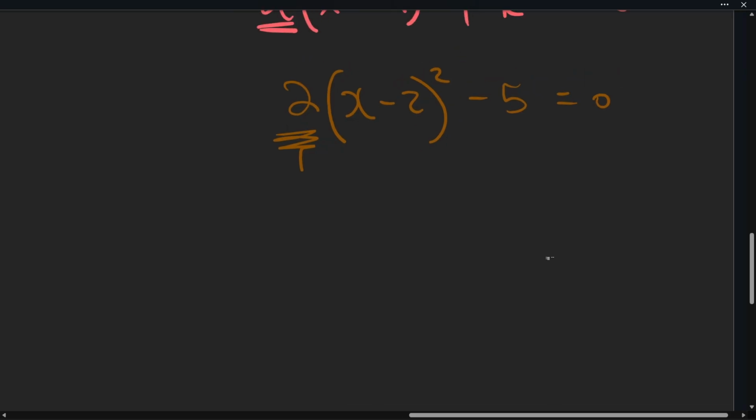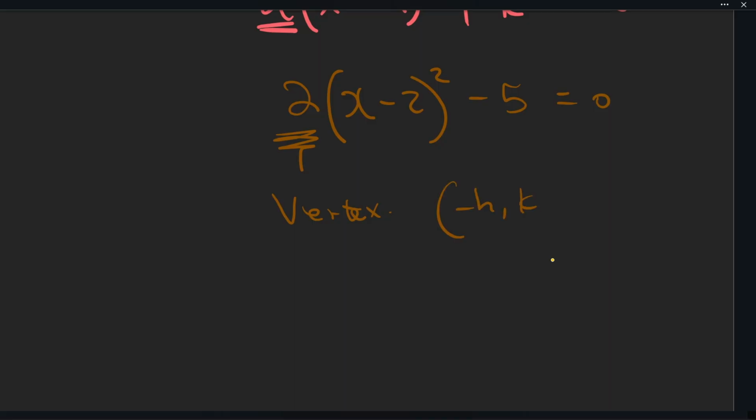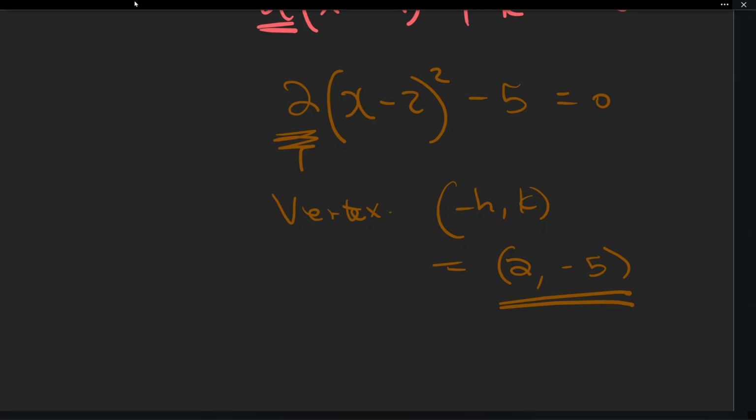So now from here, there are a few things we can get. We can get our vertex, and our vertex will be h, k. So here, our h will be 2, so our vertex is going to be (2, -5). And this is good because this helps you to sketch your quadratic graph.